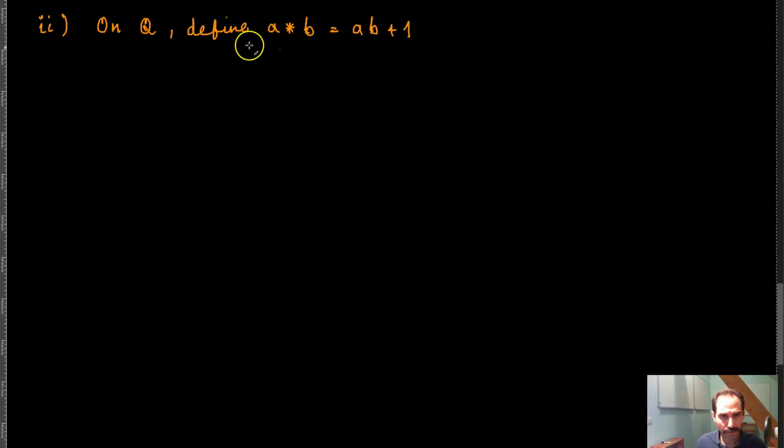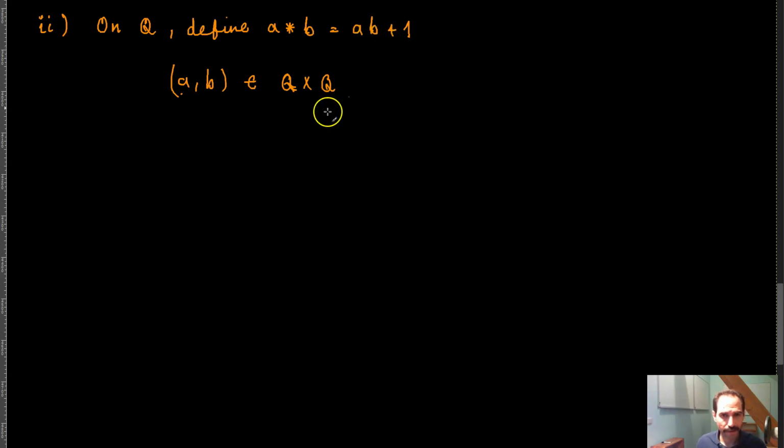So of course it's going to be a binary operation, because anything that you pick in Q, any A comma B belonging to Q times Q, you take those two rational numbers, multiply them together, and add 1 to that, so it's going to be a rational number. So it's going to be a binary operation.